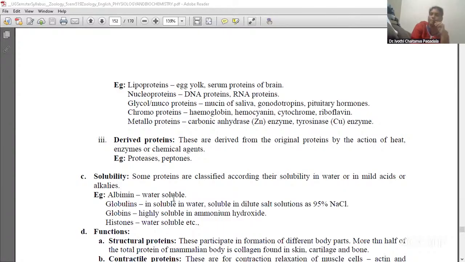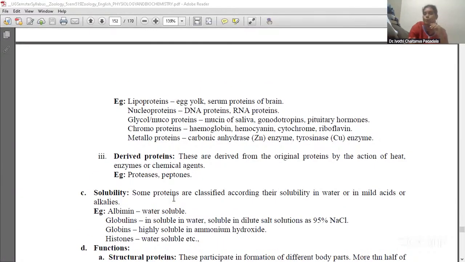Depending upon the solubility, some proteins are directly solubilized in water and some are not. Some are solubilized in very mild acids, and some in strong acids and alkalis.